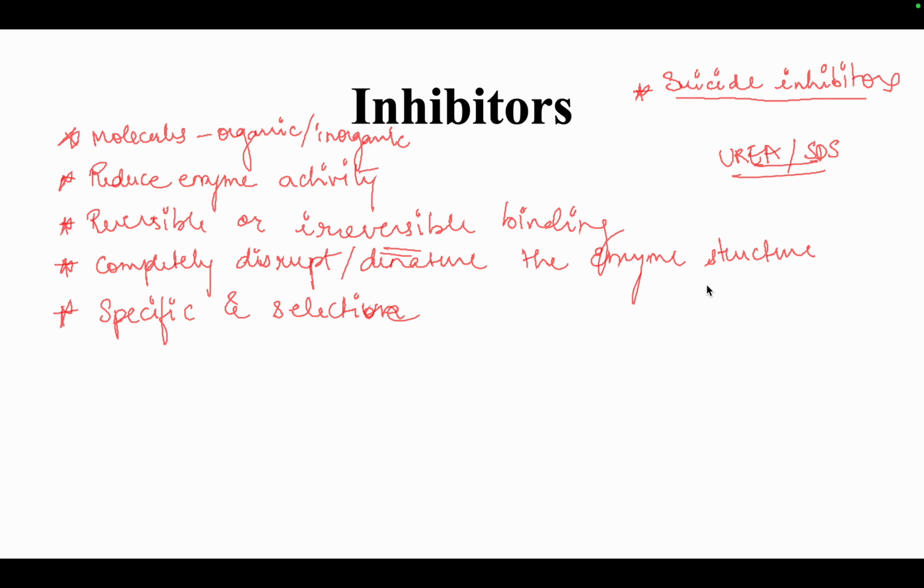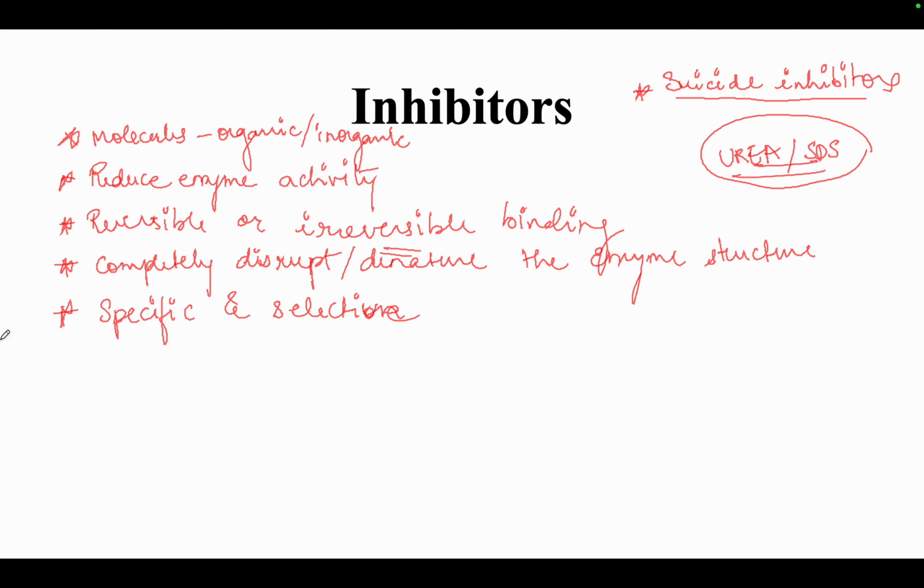This denaturation is pretty generic, that is, urea and SDS will pretty much denature all types of enzymes. They are not specific or selective towards one class of enzymes or one specific enzyme. So we cannot call urea and SDS inhibitors, even though they disrupt enzyme activity.